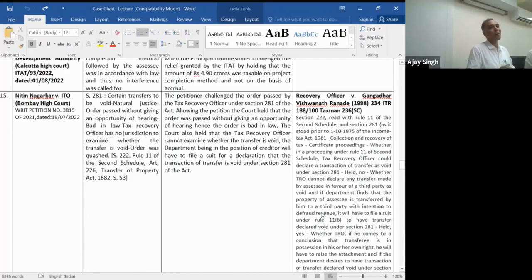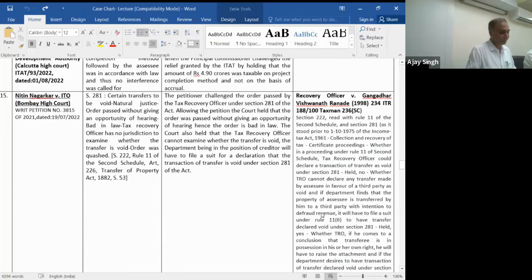So those different combinations are available, and we have decisions wherein different combinations have been accepted. The broad reason is that we have to see section 145, whether you have been able to show the true and correct profit. Once you are able to show the true and correct profit on the basis of the method of accounting you have followed and which has been accepted over a period of time, that has to be accepted.